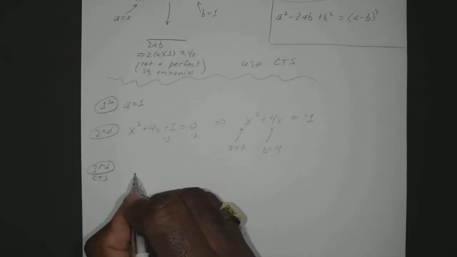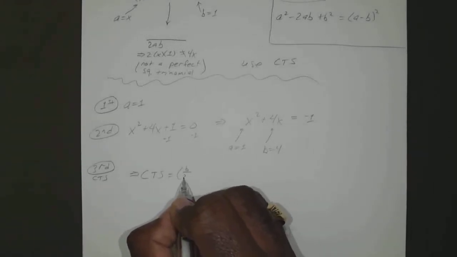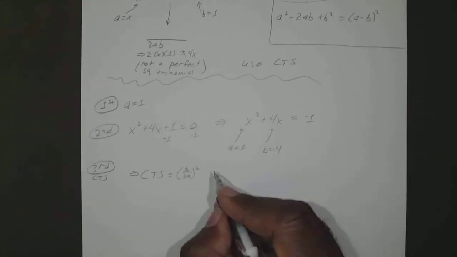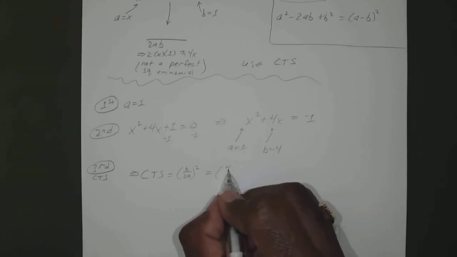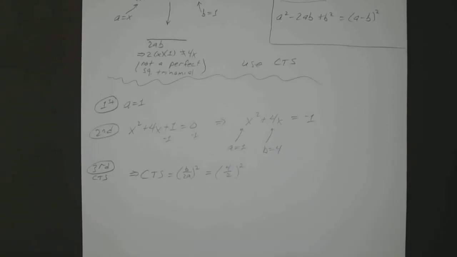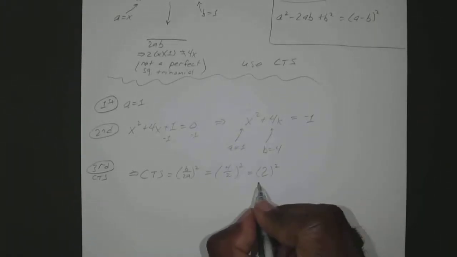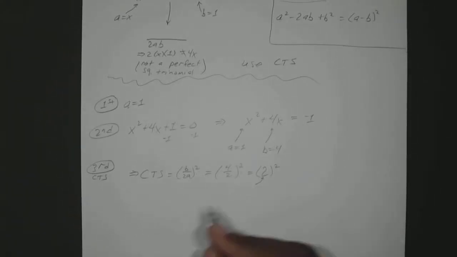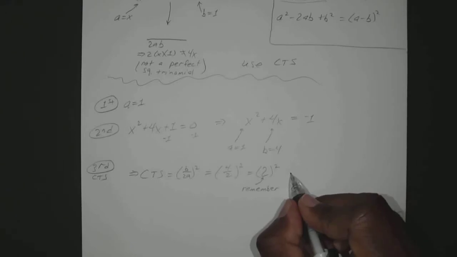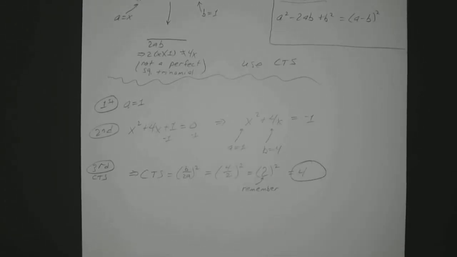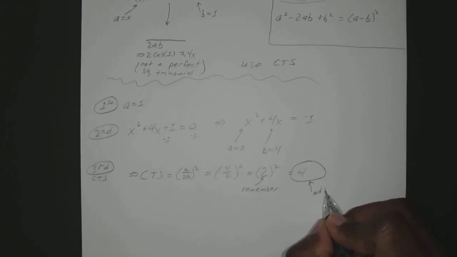Since our completing the square formula is b divided by 2a, squared, that's going to equal 4 divided by 2 times 1, so 4 divided by 2, squared, which is 2 squared. And that value before you apply your square, you want to remember, which is 4. So this is the value you're going to add to both sides.